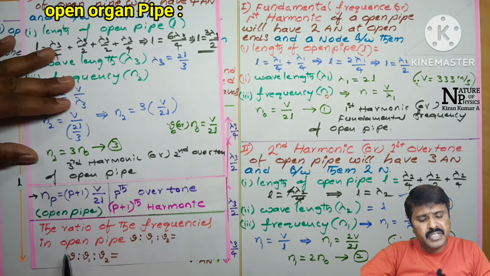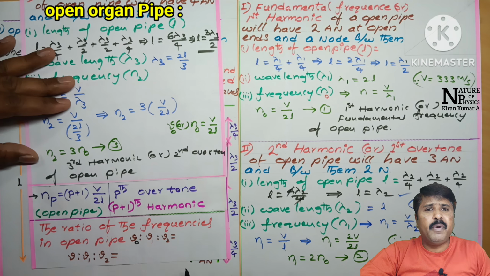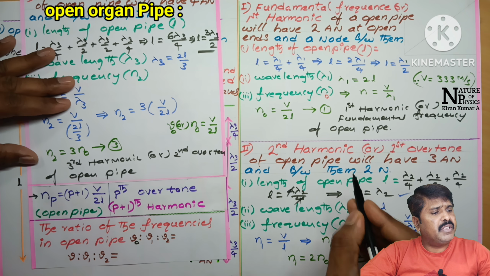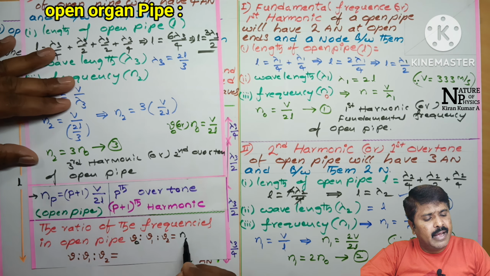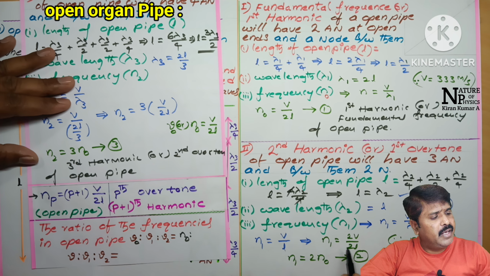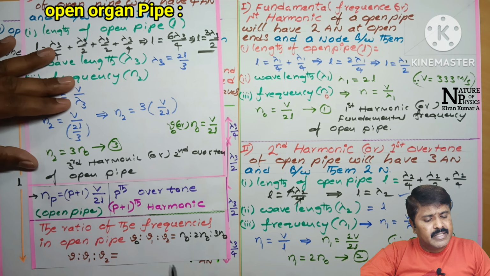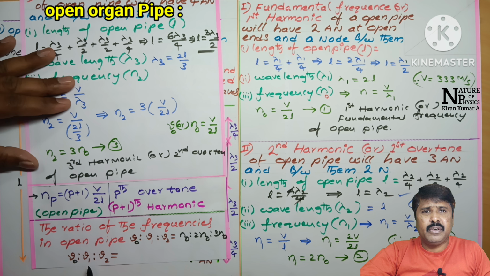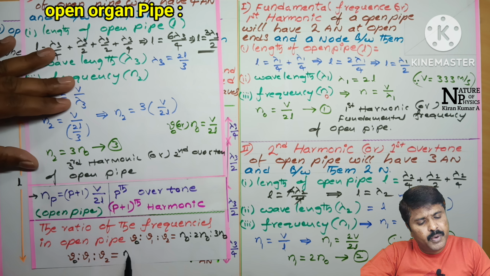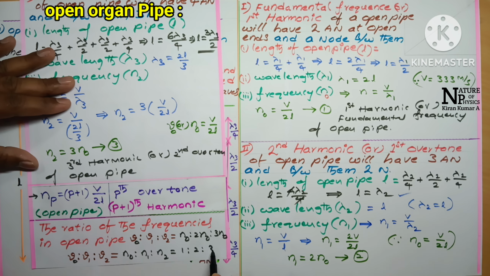The ratio of the frequencies in the open pipe, mu naught is to mu 1 is to mu 2, is equal to N naught, 2 N naught, and 3 N naught. N naught cancels, so mu naught is to mu 1 is to mu 2 is equal to N naught is to N1 is to N2, which is equal to 1 is to 2 is to 3.